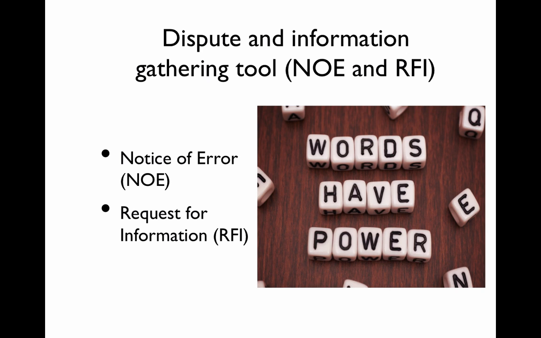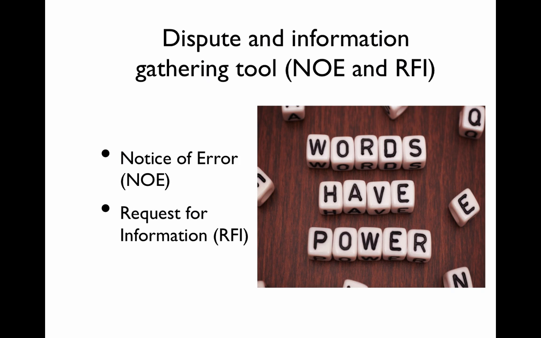So you send a request for information to ask why, but then you send a notice of error saying, you made an error rejecting my loan modification because you said the only reason you rejected it is you did not have my bank statements. But I sent you my bank statements, so you need to fix this now. Always think about if you're sending a request for information, there's probably a notice of error that goes with it.